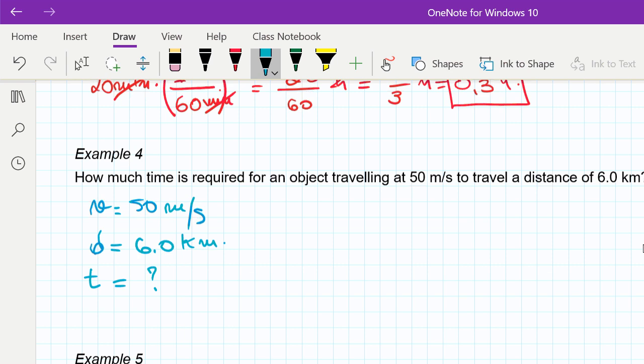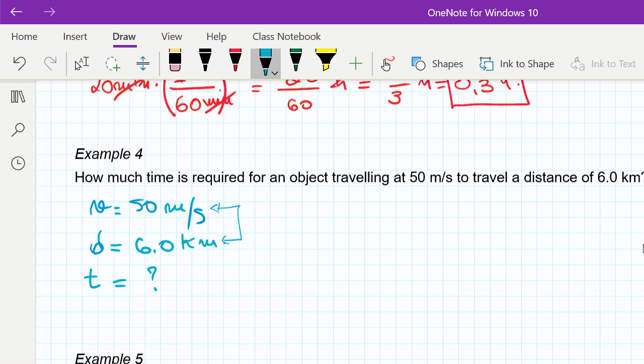First of all, I want you to tell me, as you notice here, we have two different units, meters per second and kilometers. And we want to have the same units so that we can cancel out. We cannot cancel meters and kilometers. We need either meters and meters or kilometers and kilometers in order to cancel out.